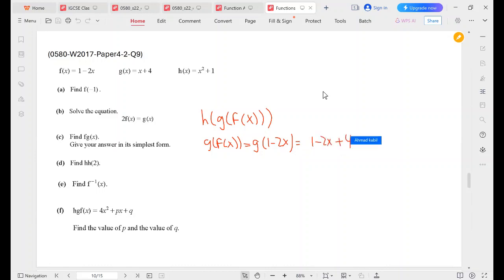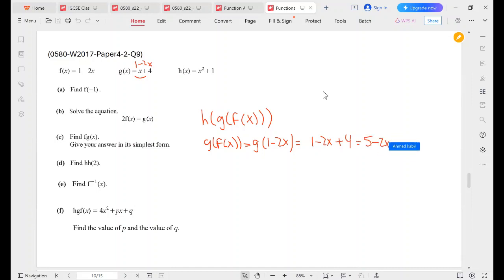We plug 1 minus 2x instead of x in the function g. So instead of the x over there, we just put 1 minus 2x, and that's it. So 1 minus 2x plus 4 gives us 5 minus 2x.